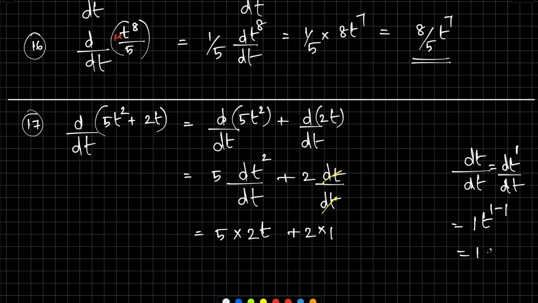So 1 times t to the power of 0. t to the power of 0 is 1. So 1 times 1, which is equal to 1. Okay, that's how you get 1. But you don't need to do that. You can just cancel it out to give you 1 anyways. So 5 times 2, 10. 10t plus 2.